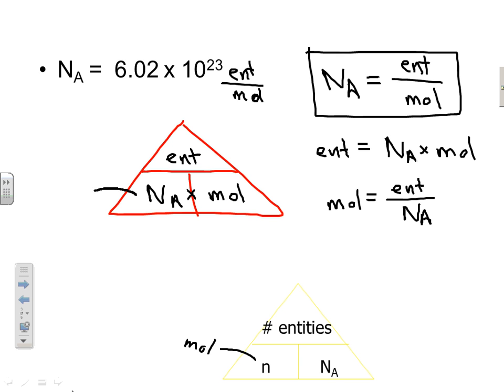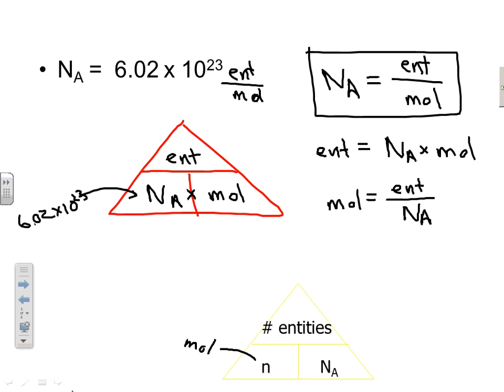Remember, Na is that number, 6.02 times 10 to the 23, and I apologize for messing that up. So what we're going to be doing now is looking to calculate moles or entities. And because Na is a number, we're never going to be asked to calculate that. We're just going to be using it.